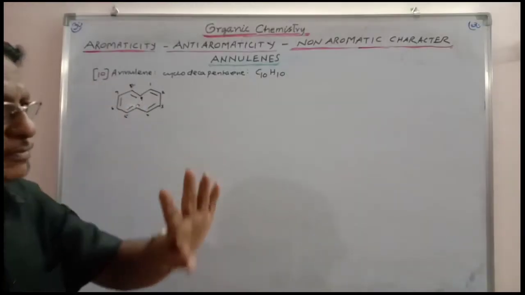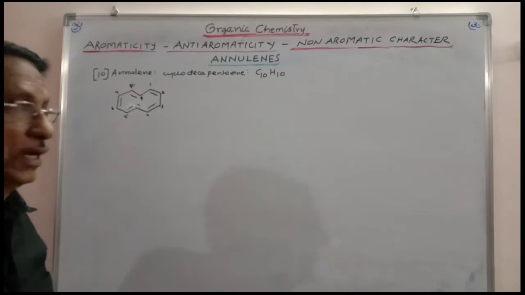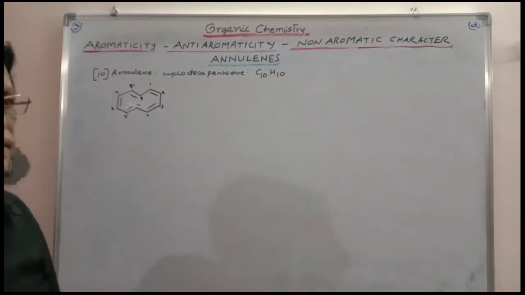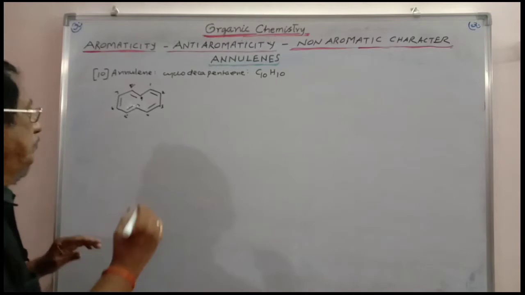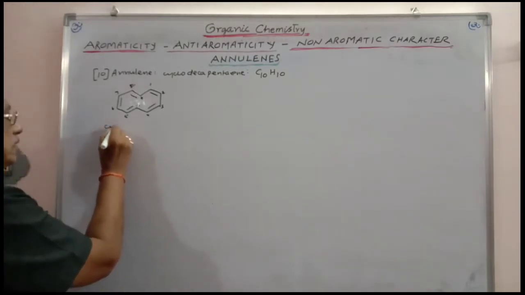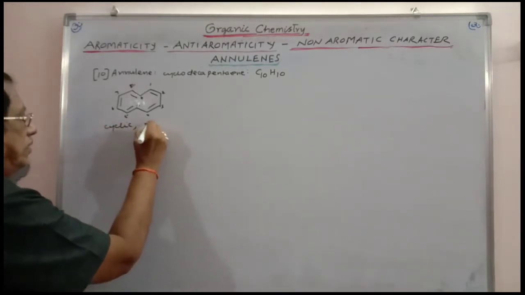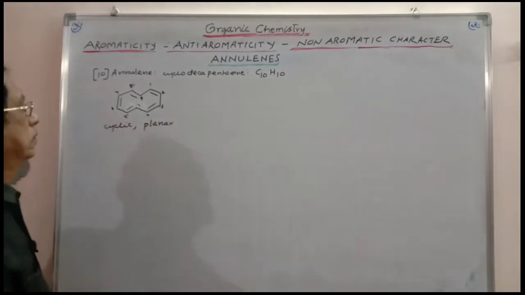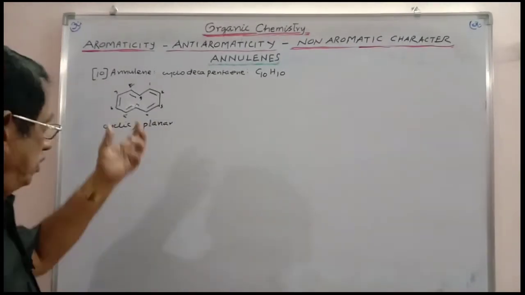This is monocyclic compound, no doubt. All are sp2 carbons, planar. So, if you take here, this is cyclic, planar. There are 5 pi bonds.